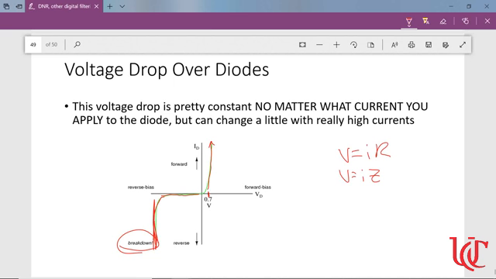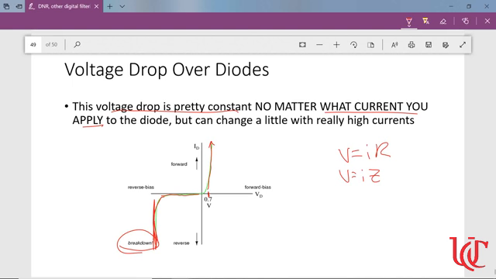What's cool about this, although it's annoying for us to get our heads around since we're used to voltage and current changing fairly proportionately, is that no matter what current I apply to my diode in forward voltage, I have a pretty constant voltage drop. Again, that 0.7 volts, even if I apply 10 milliamps, even if I apply 100 milliamps. What's nice about that is you can use it as a voltage reference.